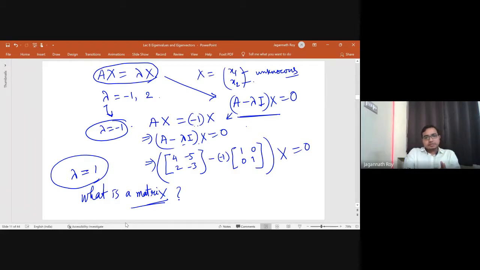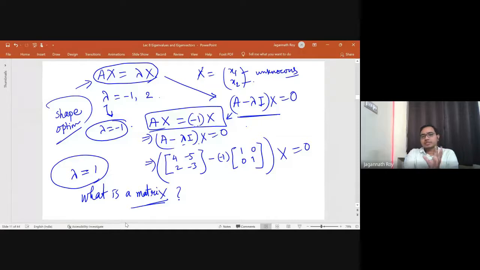This equation is very simple: Ax equals lambda x. No other equation is simpler than this, but you will understand its importance over the years. In the coming years, you will understand how this scaling is actually useful. If you work in shape geometry or shape optimization, you will use this concept of eigenvalues and eigenvectors.